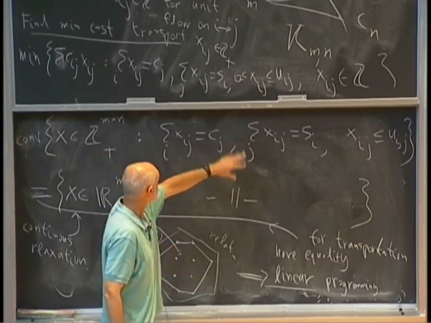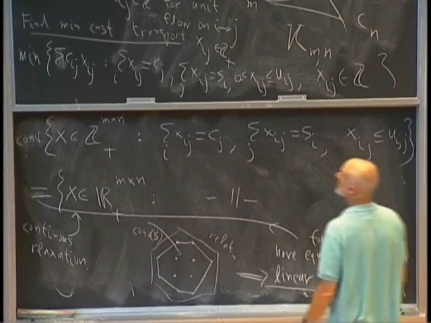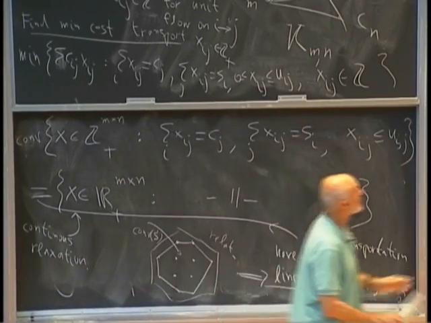The reason, if you write this in a matrix form, so how are we with the blackboards here? Let me move down here now.